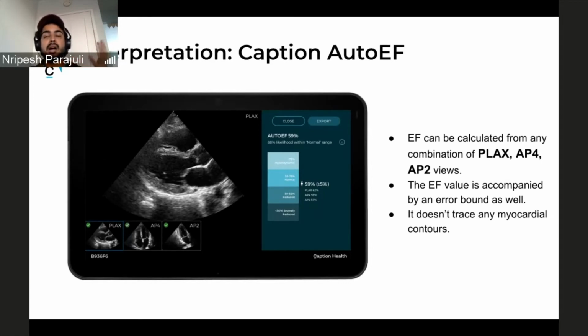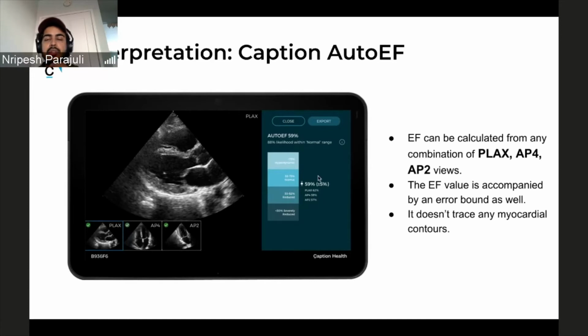Hence, they can only pump out, let's say, 40%, 50% of the blood, and in really severe cases, 30%. This is the most widely used indicator of your LV function, the ejection fraction. This was also another FDA approved algorithm by Caption, where I work.